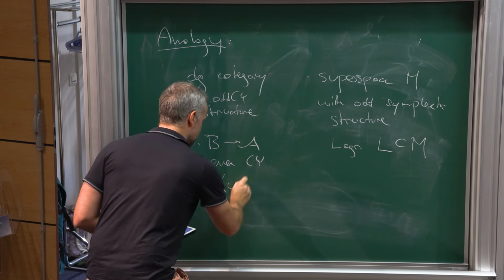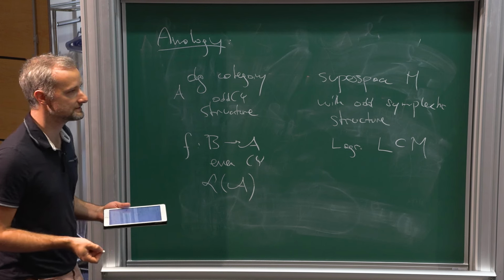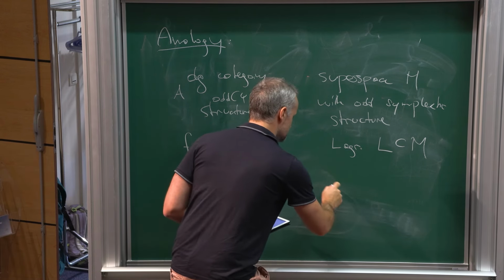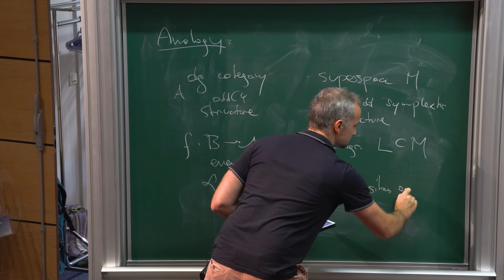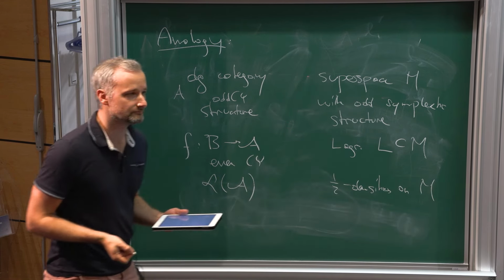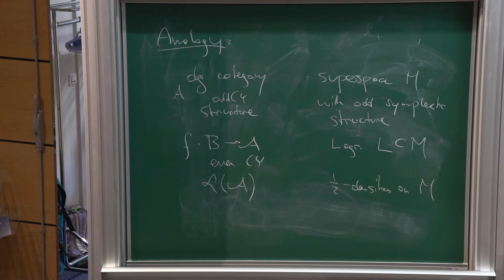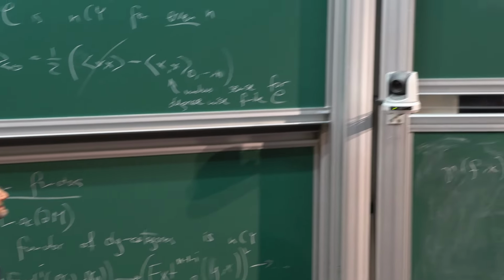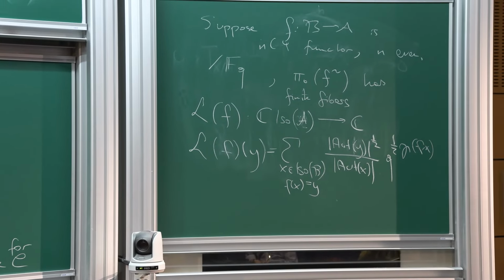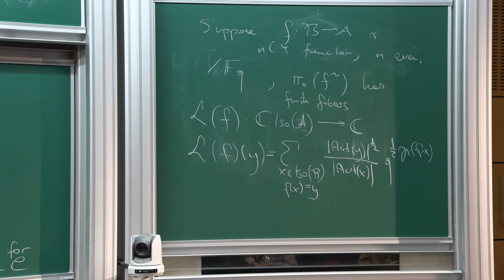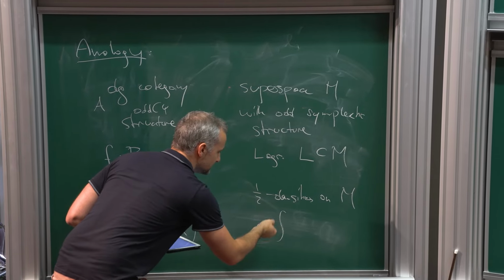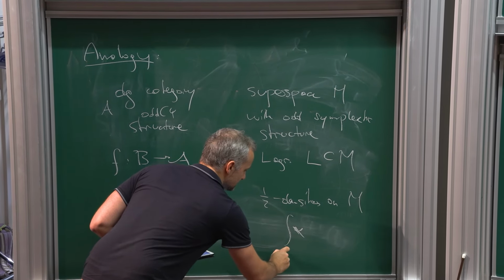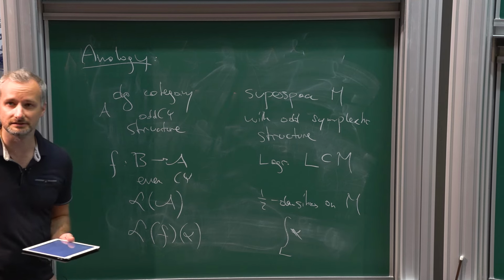This set of functions on isomorphism classes corresponds over here to the space of half densities on M. The half densities correspond to the fact that I have lots of square roots in my formula. And then this functional, which I'm defining on this vector space, corresponds to integrating. There's an invariant way to integrate a half density over a Lagrangian L.